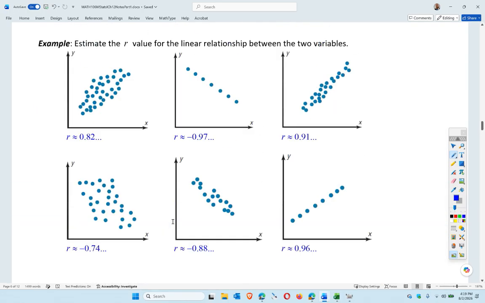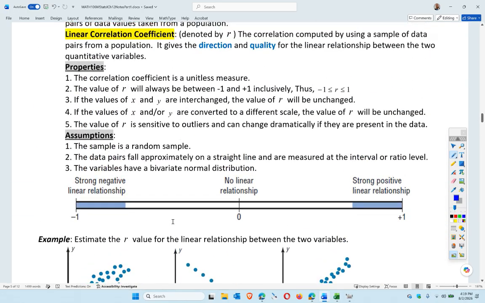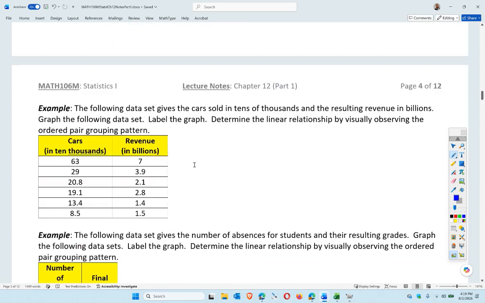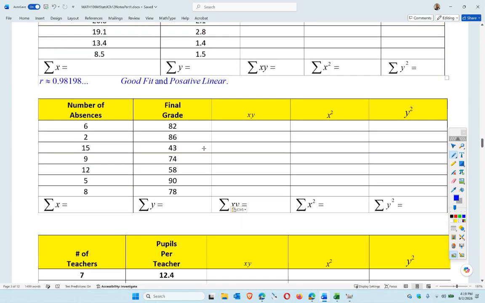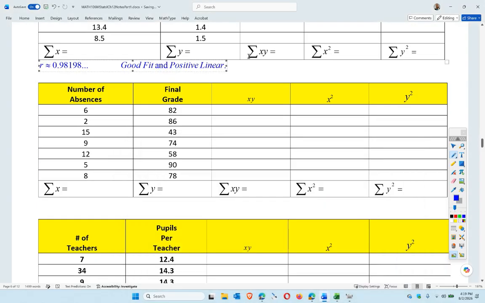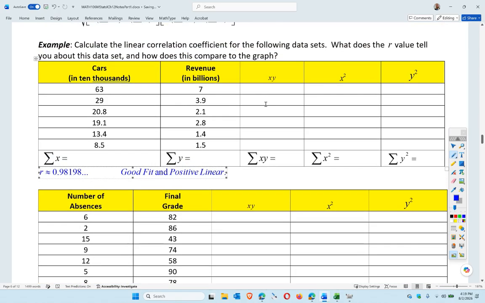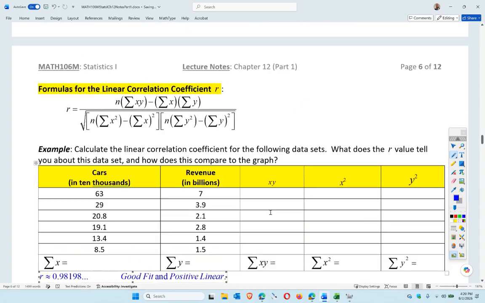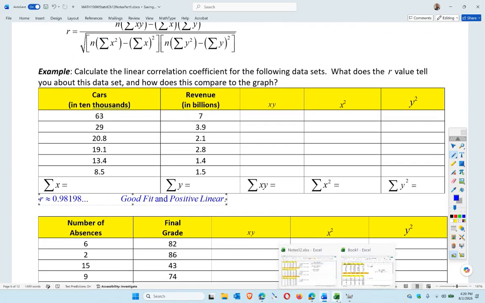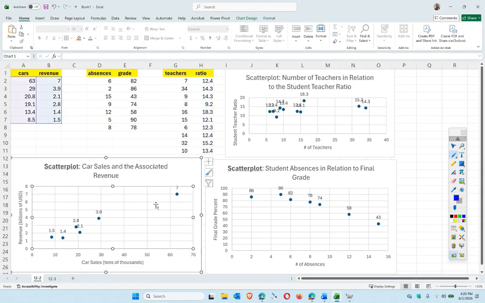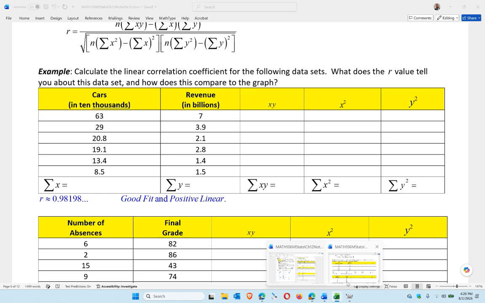Going back to here, you only have 3 variations of what could happen. Positive and good linear. So that's basically saying that that's going to line up with our graph. So if we go back to our graph as to what it looks like. Actually, no, the graph's not there. Sorry. Our graph is right here. And it's a good positive linear relationship. That's good. Okay, let's go to the next one.